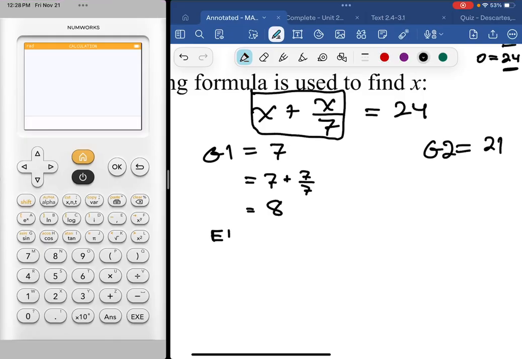From that, my E1 is going to be whatever I got from G1 evaluated into the function. So that would be the left-hand side, which we abbreviate in the notes as LHS, minus the right-hand side, which was 24. The left-hand side gave me an 8. The right-hand side gave me a 24.